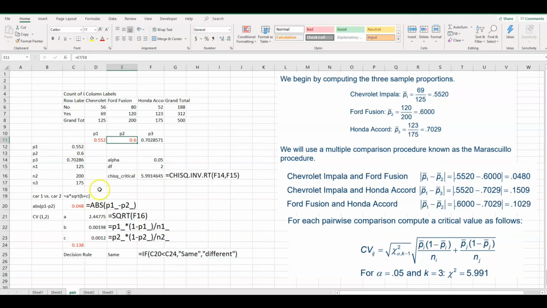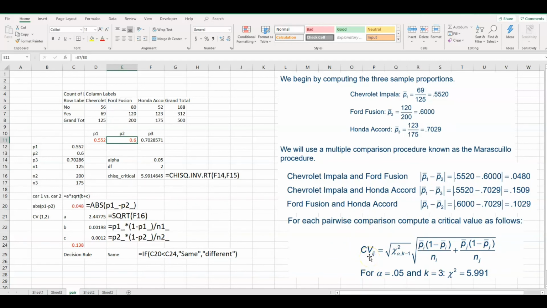We calculate the absolute difference. So this is our absolute difference, actually 0.6 minus 0.552. The absolute difference is 4.8%. Then, according to this formula, we calculate the critical value.